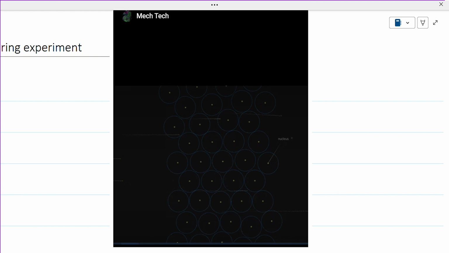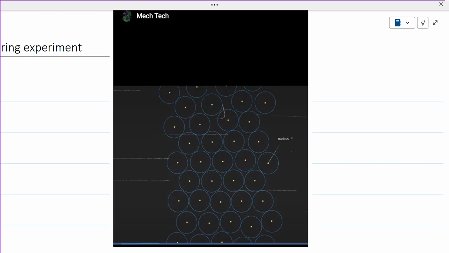As you can see, some particles are going through without any deflection, as you learned in O levels, but here we will not say that they are going undeflected. We'll say they are deflected at a very small angle. I didn't say small angle, I said very small angle. They are being deflected because if a nucleus has some influence on the outermost electron, definitely it can have influence on the alpha particles.